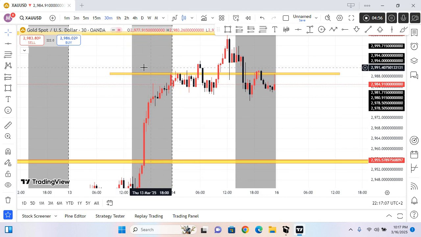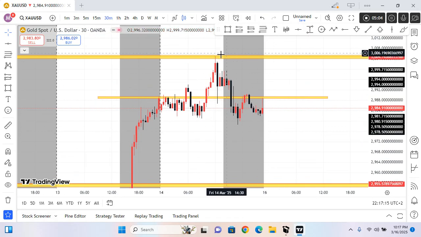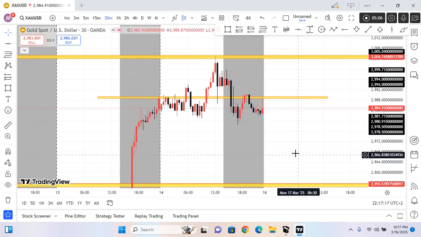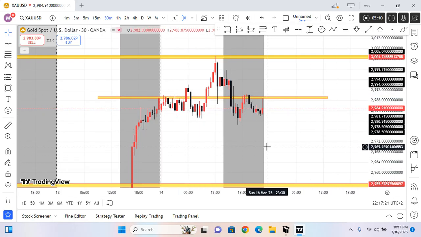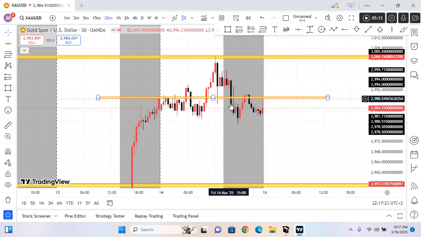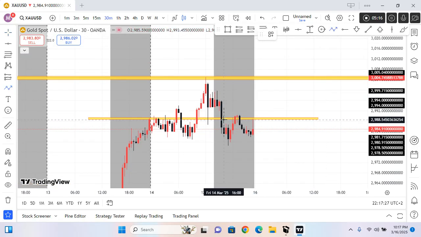I'm talking about here to here. This is the New York session. This is the high that happened on Thursday. Then on Friday, for us to catch this trade, we were expecting to see this market rejecting from here so that we can buy and go up.